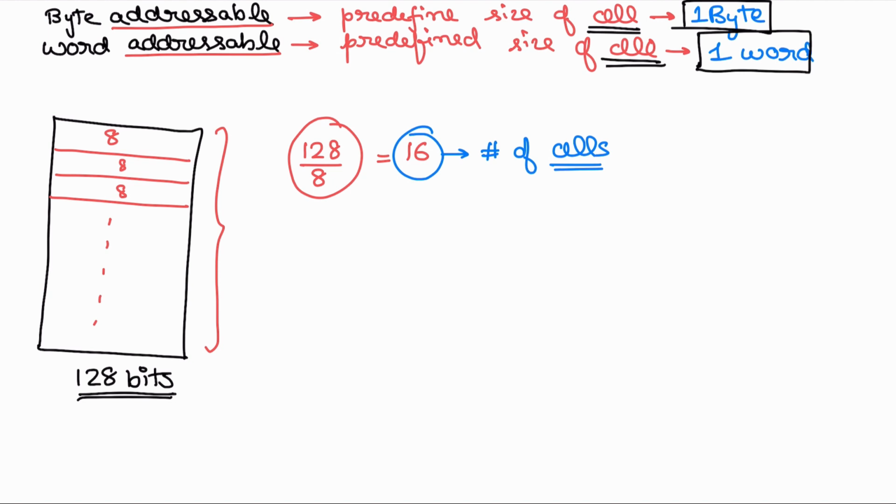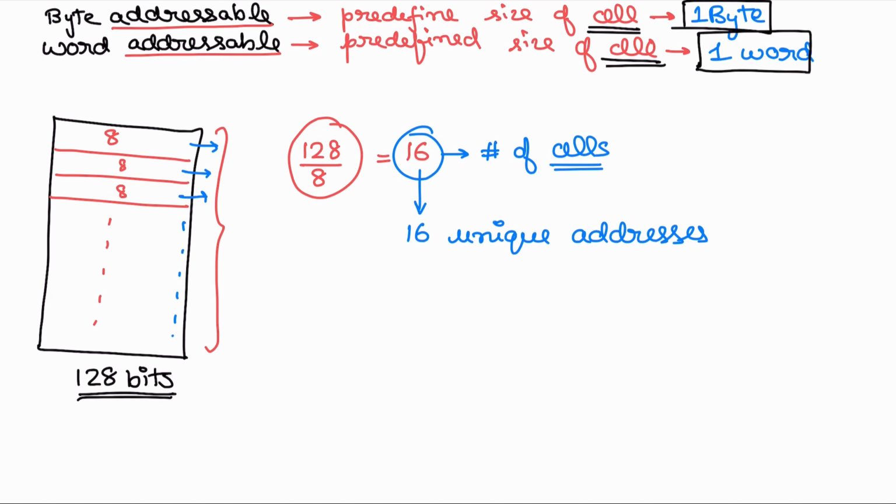If we want to represent each cell in binary, this 16 is nothing but the total number of addresses: this will have one address, this will have one address, this will have one address. So 16 cells means that we require 16 unique addresses, and these addresses must be binary in nature.